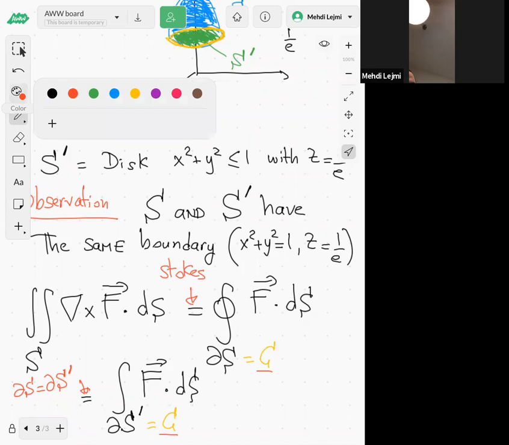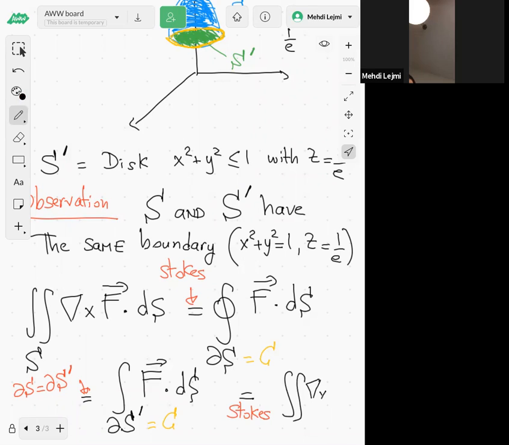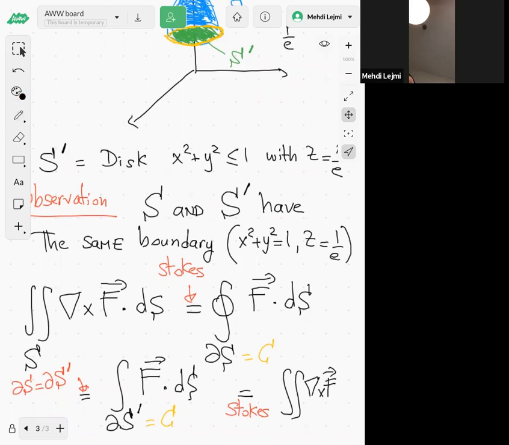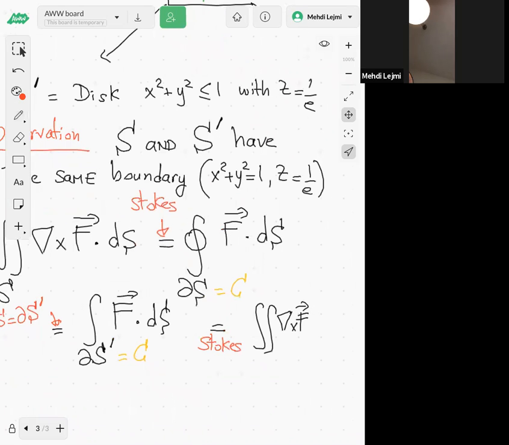But now if you use Stokes' theorem, this is equal to the double integral of the curl of f along S prime.